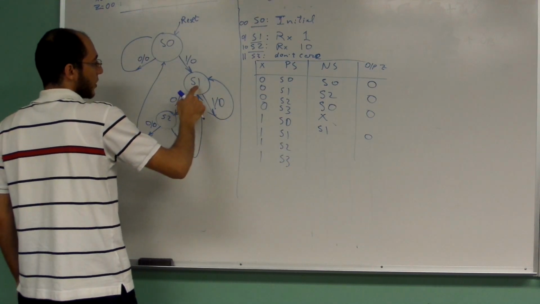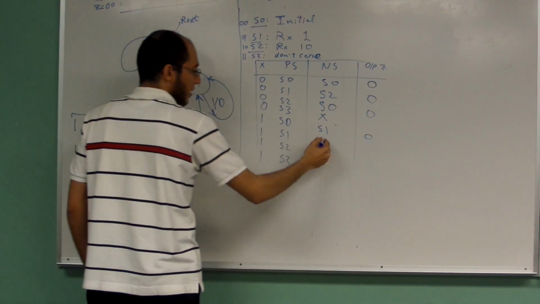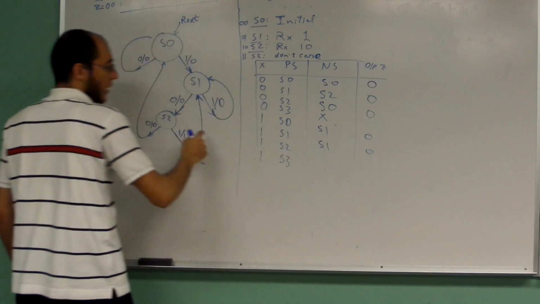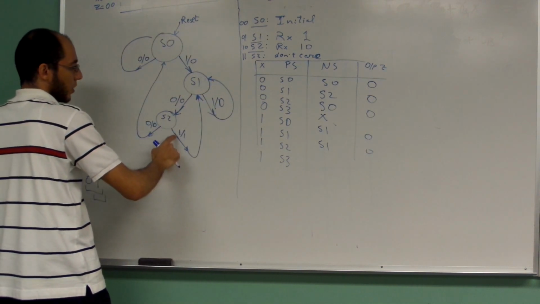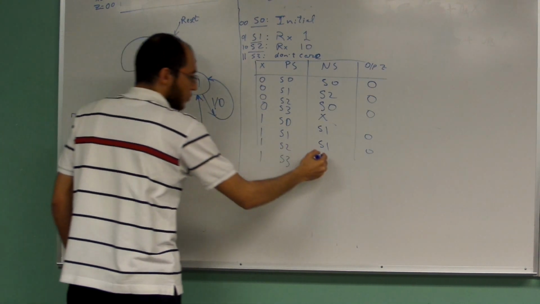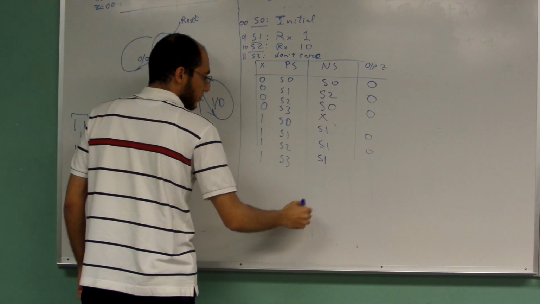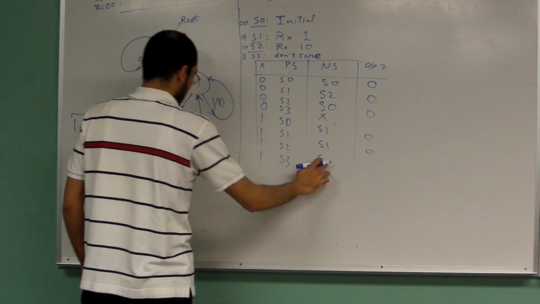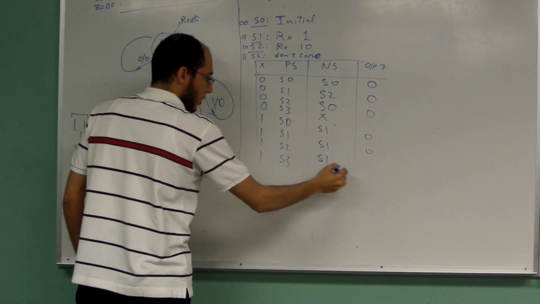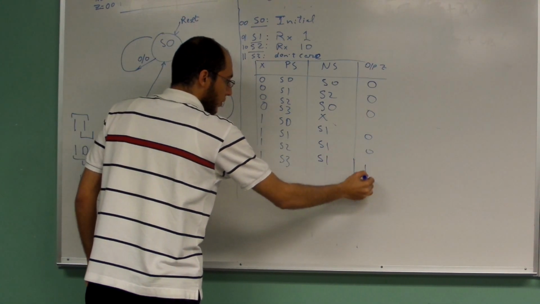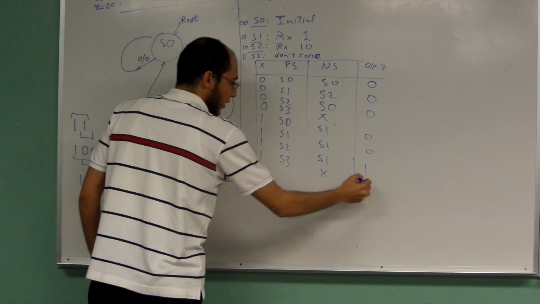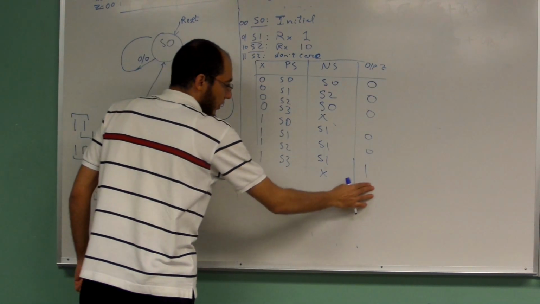S1 receives a 1, go back to state S1, output of 0. S2 receives a 1, output is 1, so go to state S1 and output of 1, and then that's a don't care, that's a don't care.